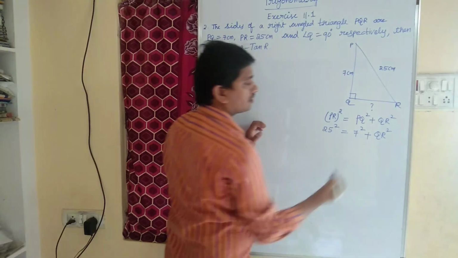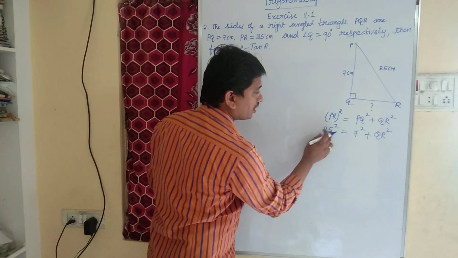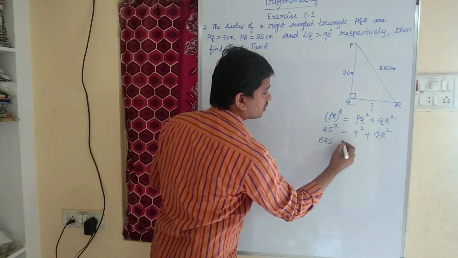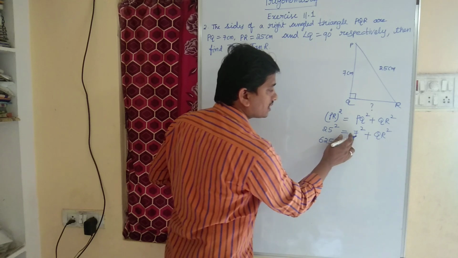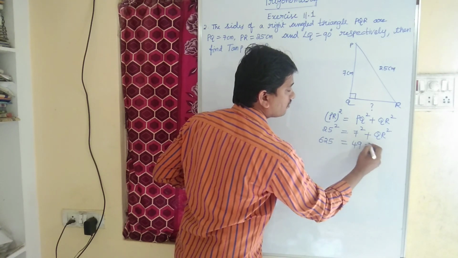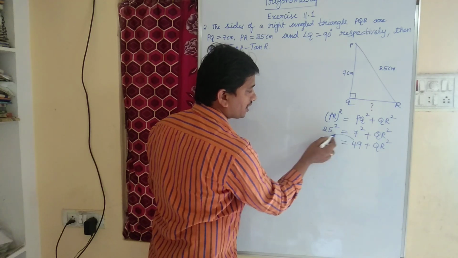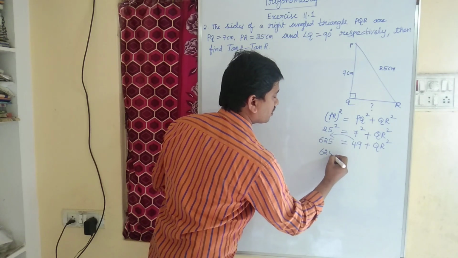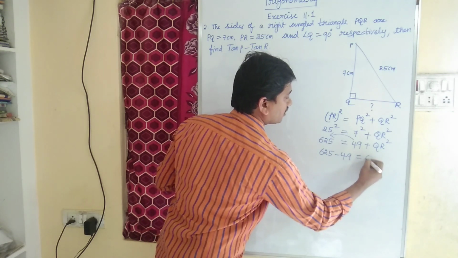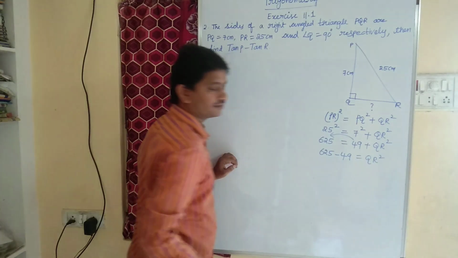QR square. 25 square, 25 into 25, 625 is equal to 7 square, 7 into 7, 49 plus QR square. 49 you transpose. So 625 minus 49 equal to QR square.